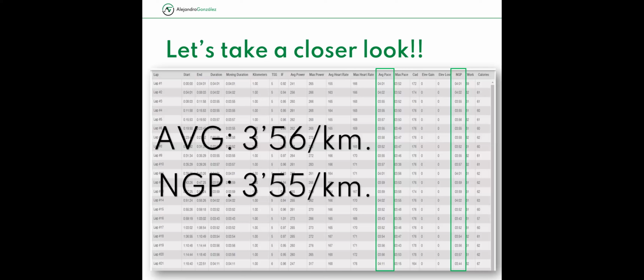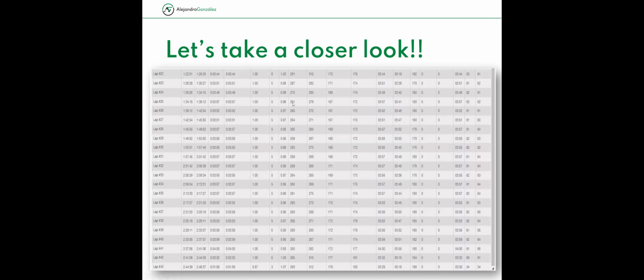And the second point is he was very, very consistent in the race.